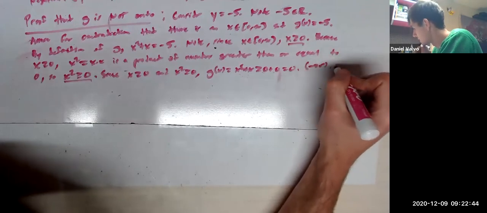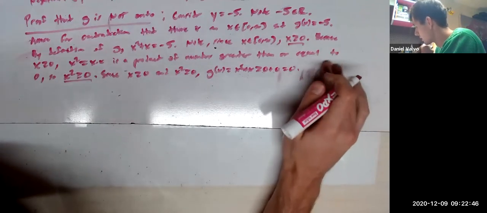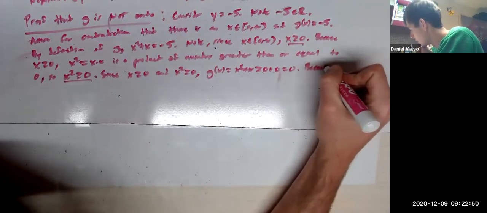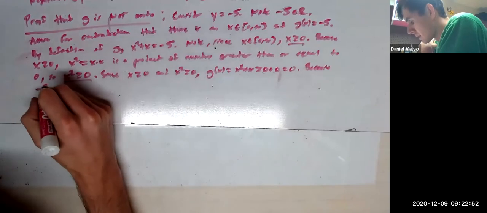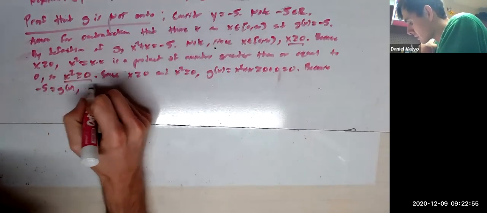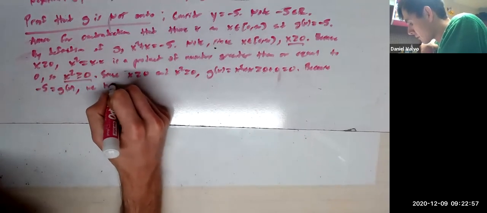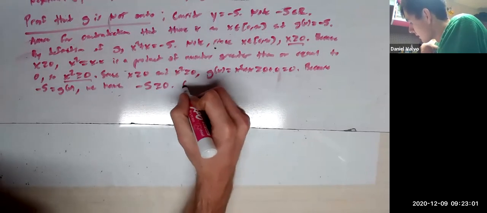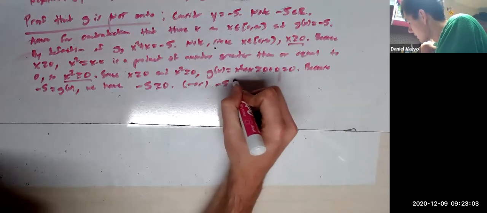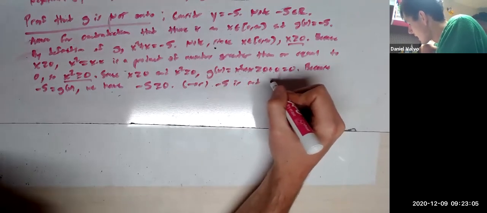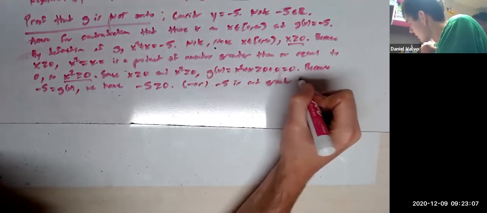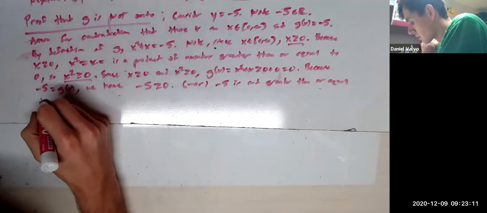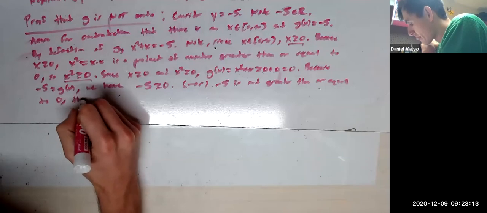And this is a contradiction. Because -5 equals g of x, we have -5 greater than or equal to 0. Here's our contradiction. -5 is not greater than or equal to 0.